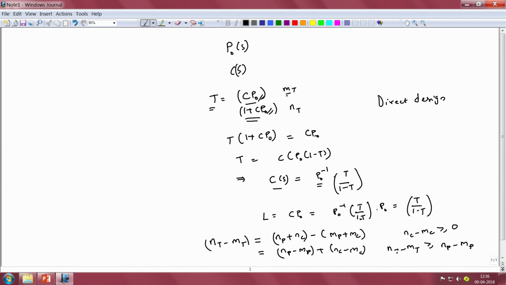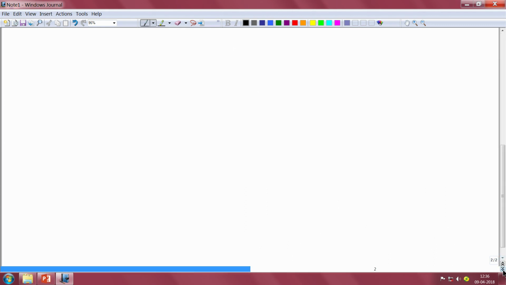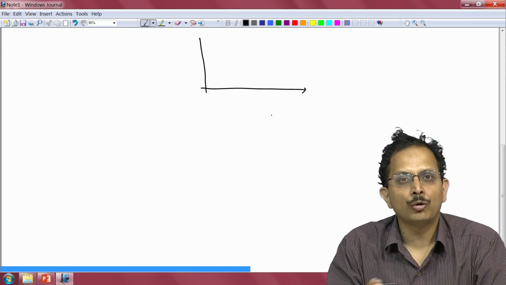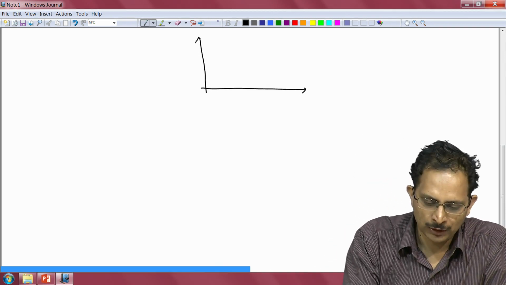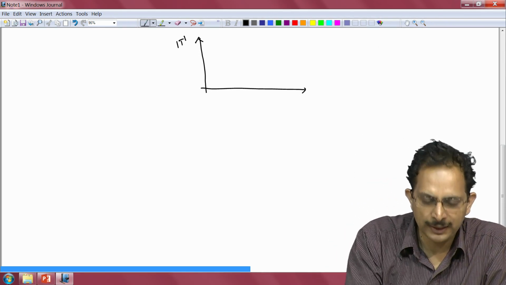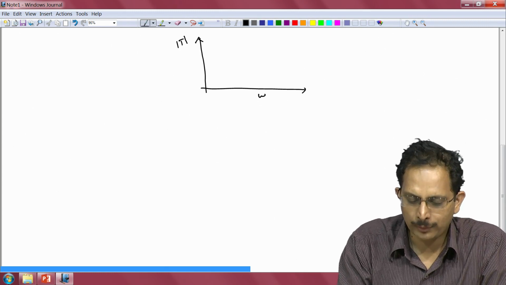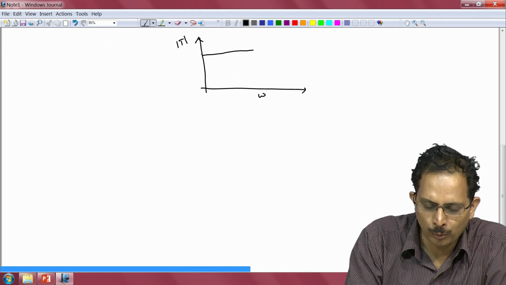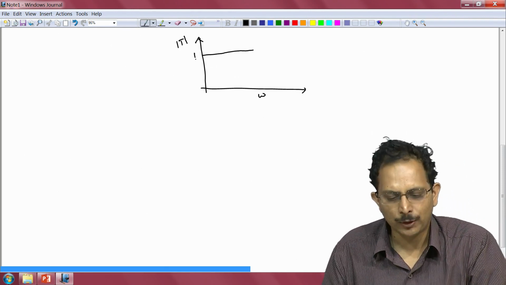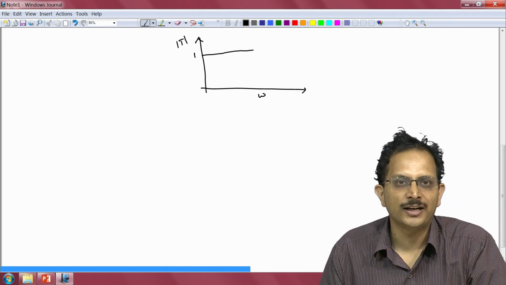Now how might one want to choose the transmission function T? Generally, as control engineers, we want the transmission function to be as close to unity over as wide a frequency range as possible. So if I were to plot the magnitude of T as a function of frequency omega, we want the transmission function to be as close to 1 and as flat as possible over as wide a frequency range as possible.